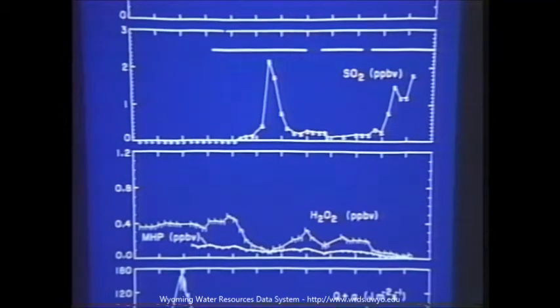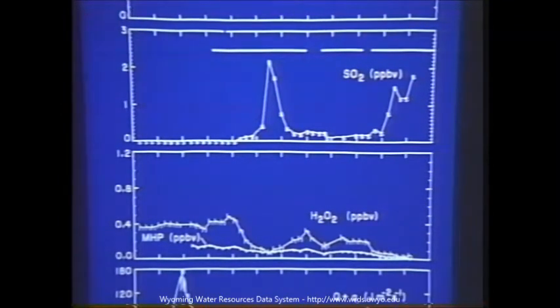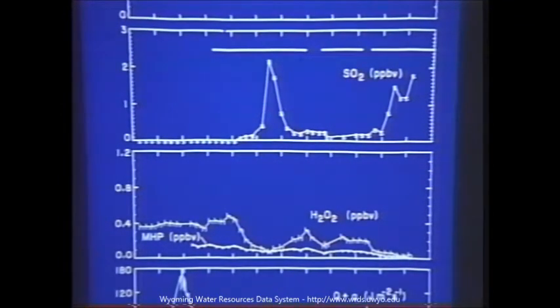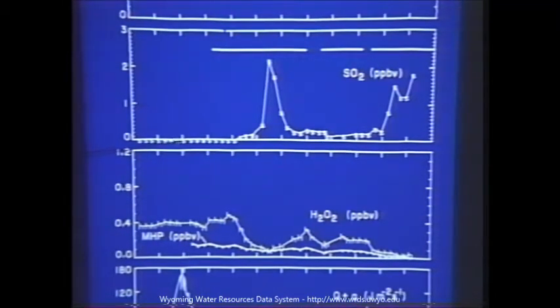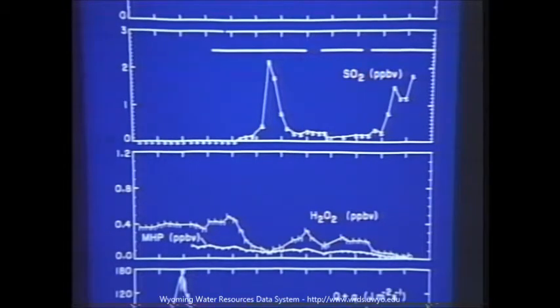So the ratio of SO2 to hydrogen peroxide is about 1. It's probably much larger here, but we really don't know what the SO2 concentration is because it's below the detection limit of our instrument, which is about 0.1 in these units.